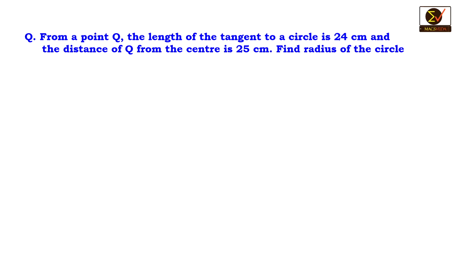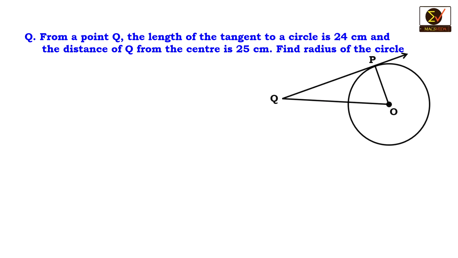Next problem. From a point Q, the length of the tangent to a circle is 24 centimeters and the distance of Q from the center is 25 centimeters. Find the radius of the circle.